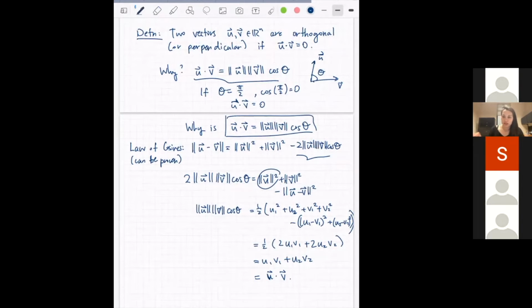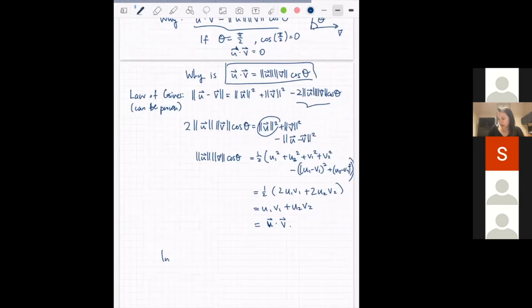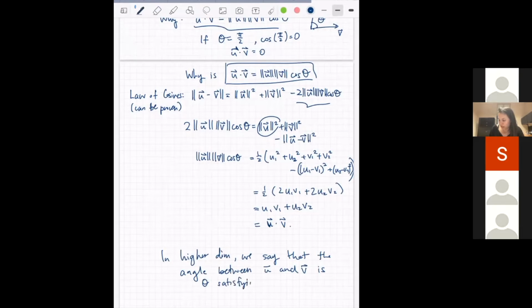So in higher dimensions, we say that the angle between u and v is theta satisfying this equation.